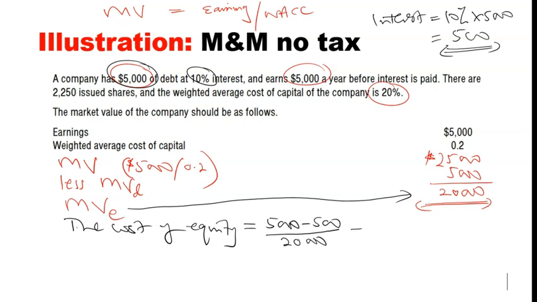Okay, so this means 4,500 over 20,000, and the cost of equity in this case is 22.5%.